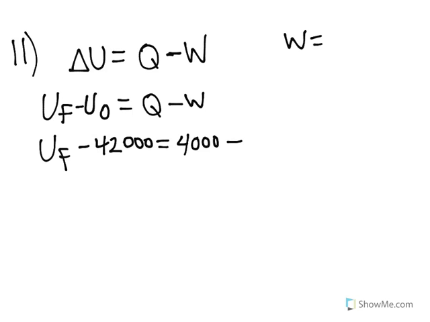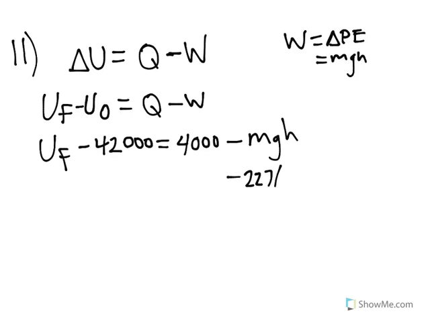Now, work from last semester can be thought of as change in potential energy. And remember, potential energy was mgh. So here, the work is just mgh. So that becomes 227, or the mass of the snake, times 9.8, times its height, which is 8.45 meters.